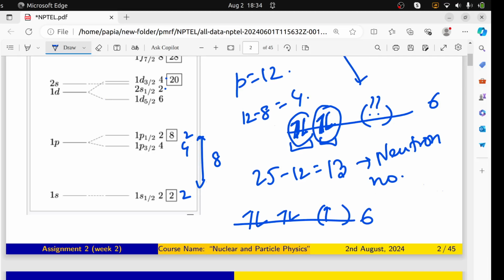I mean, only one neutron. For this case it will be a neutron. So only one neutron will come and one vacancy will be there. So whatever the spin is there will not be cancelled by another one. So this will contribute to the spin and parity calculation for our Mg-25 nucleus.